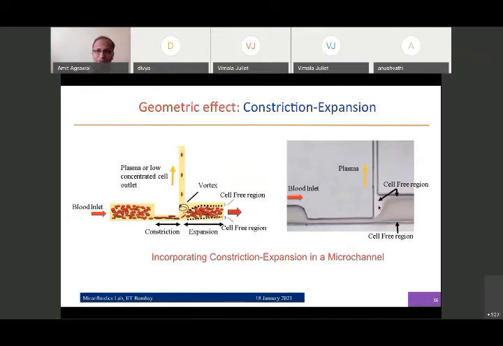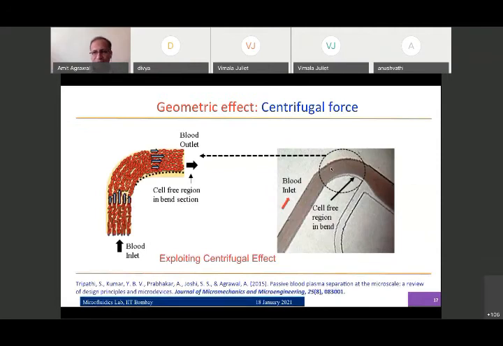You can also bring in another geometric effect like what is shown here, a centrifugal force, by bending the tube, and then you can make things flow like what is shown here. Again, from the difference in color, you can see very clearly where the cells are and where the plasma is. So this is everything put together. The blood is coming in from the bottom side here.